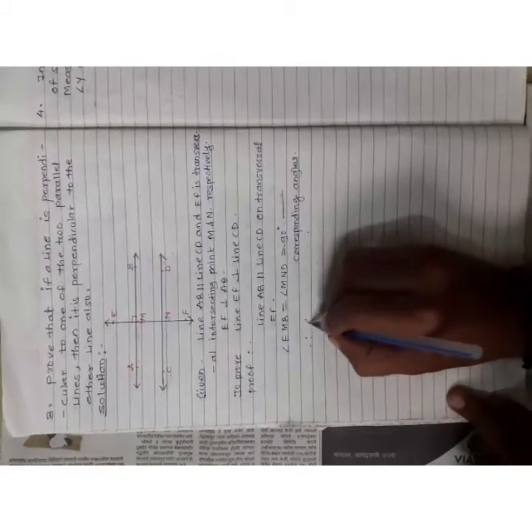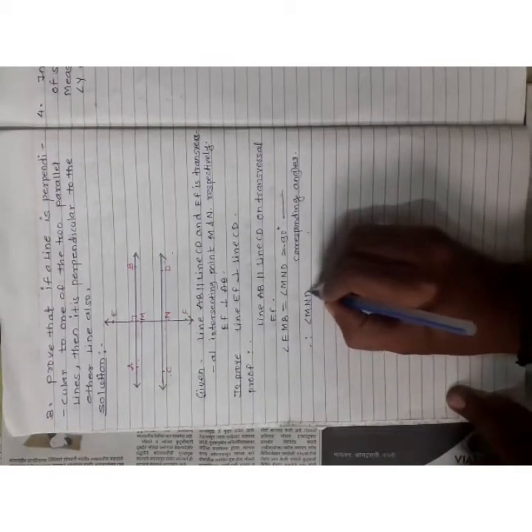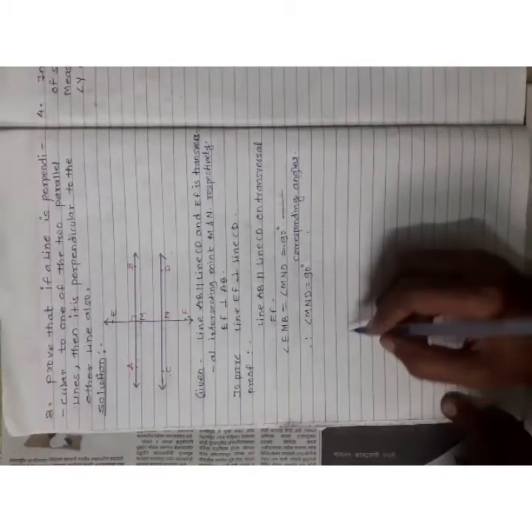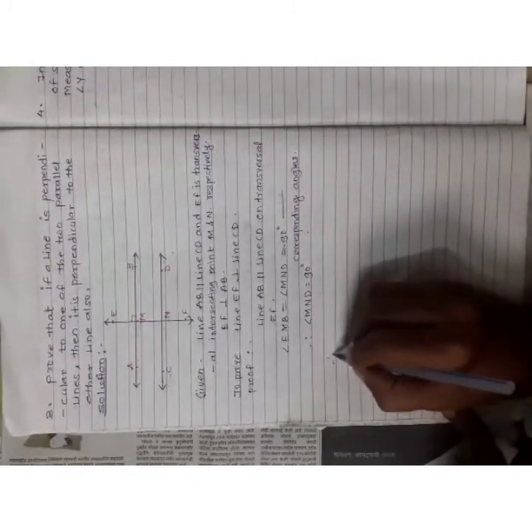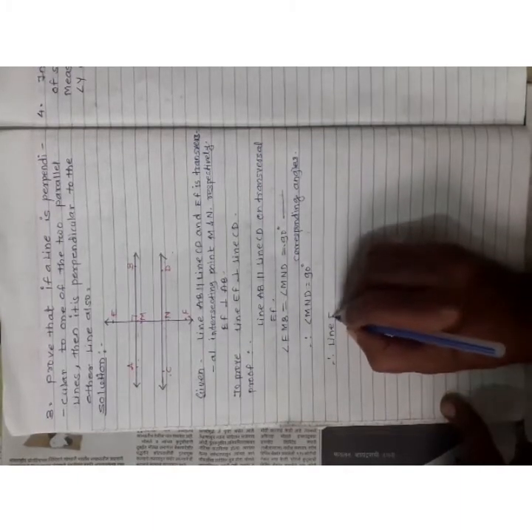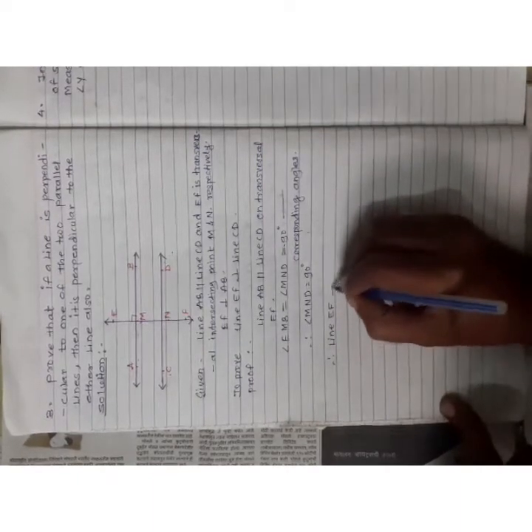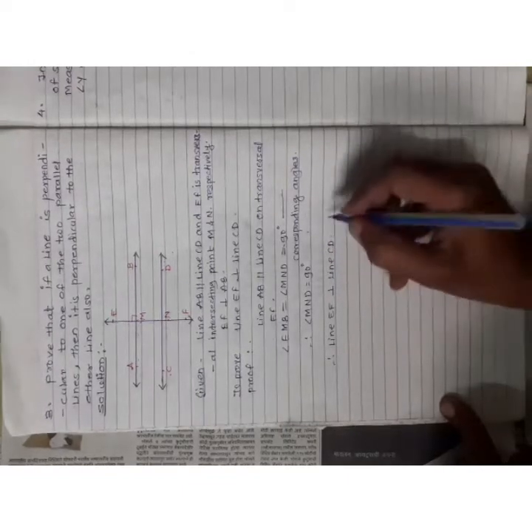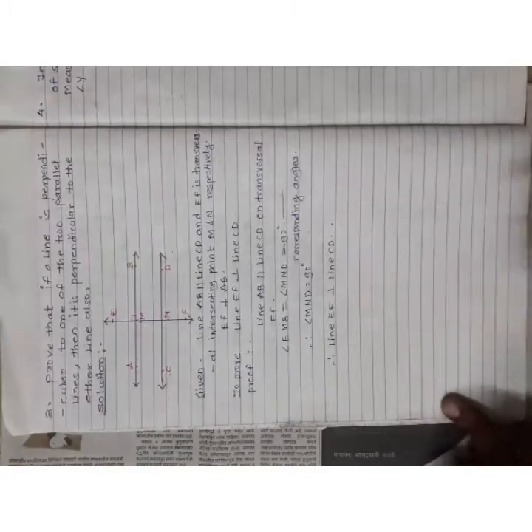Therefore, angle MND is equal to 90 degrees. Therefore, line EF is perpendicular to line CD. This is the proof.